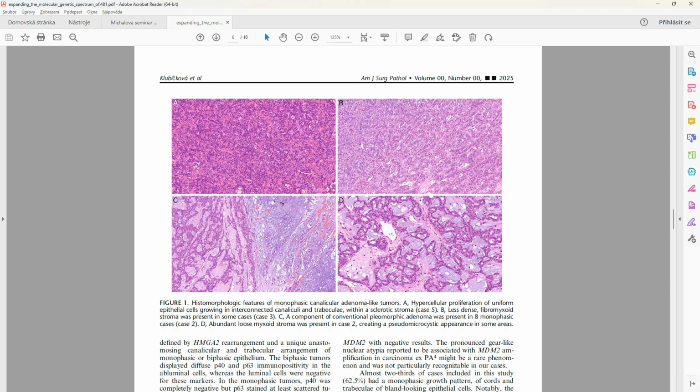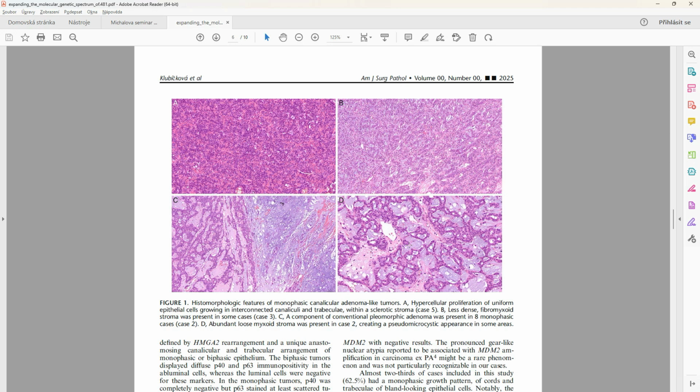So I repeat again, the name is not very well settled, but in the WHO classification now it's HMGA2-positive variant subtype of pleomorphic adenoma with canalicular adenoma-like pattern. So that's the current name.